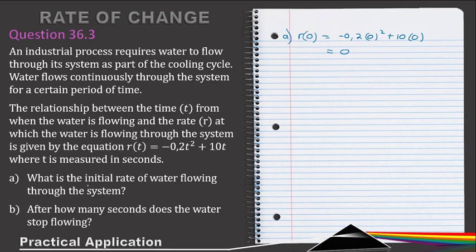All right, so B, after how many seconds does the water stop flowing? In this case, we want to know where the rate is equal to 0. So what we want to find is where this is equal to 0. So minus 0,2 t squared plus 10 times t equals 0.